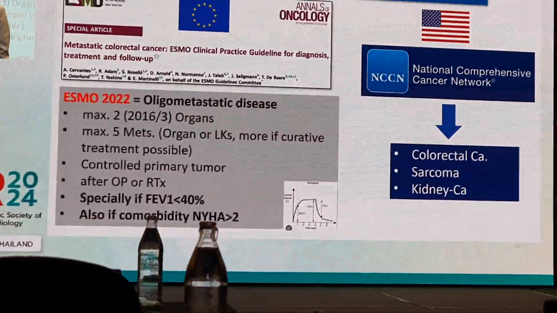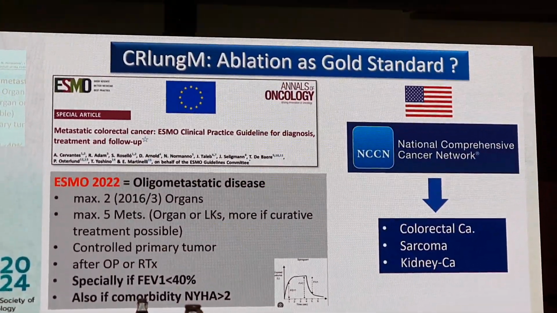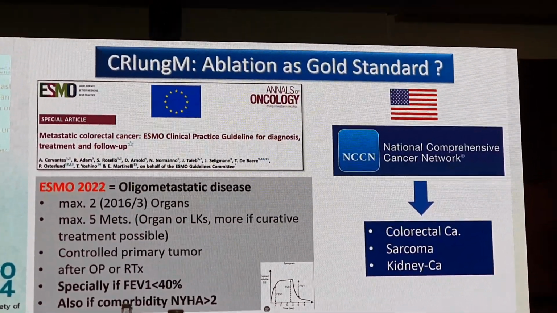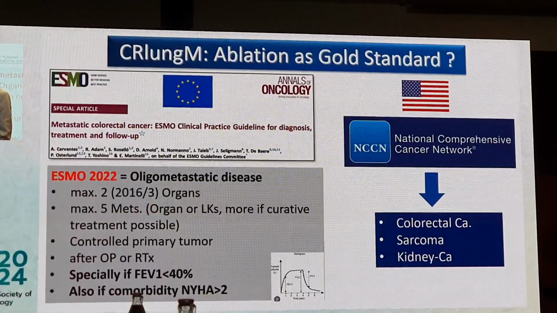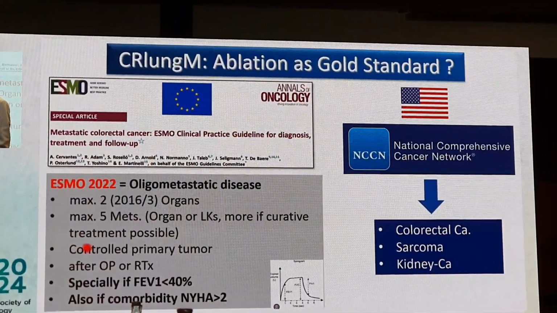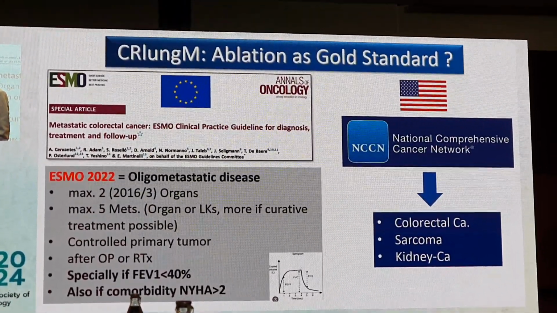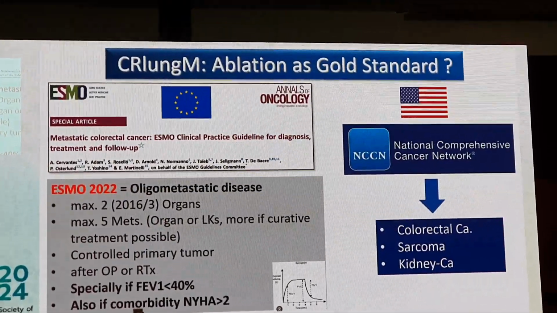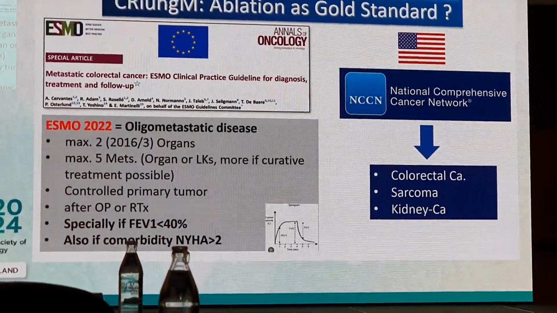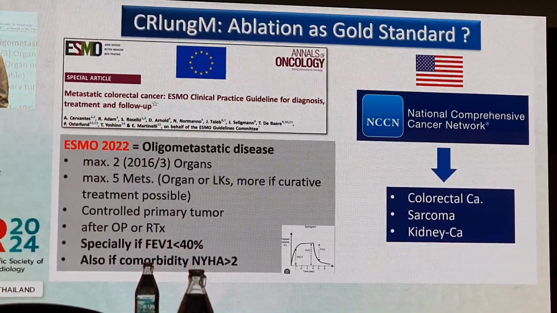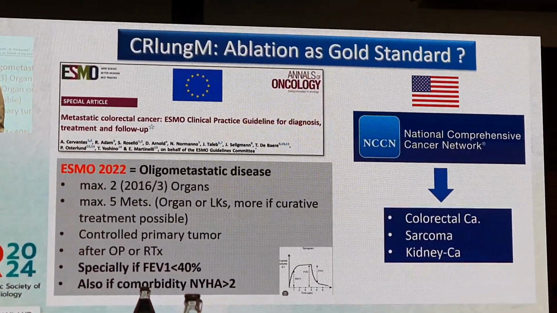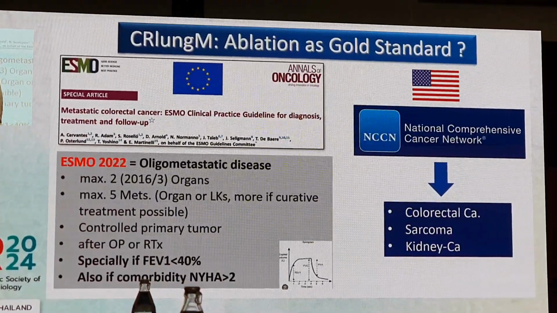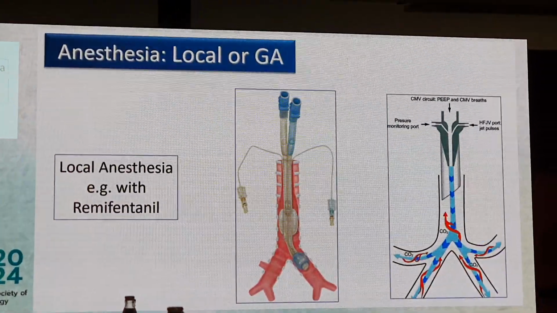But you can perform ablation of lung metastasis in colorectal cancer for patients with less than 5 metastases. It's similar, with fewer details. There is some recommendation for ablation of lung metastasis in different primary diseases, as you can see: colorectal cancer, lung metastasis from sarcoma, and lung metastasis from renal cancer.